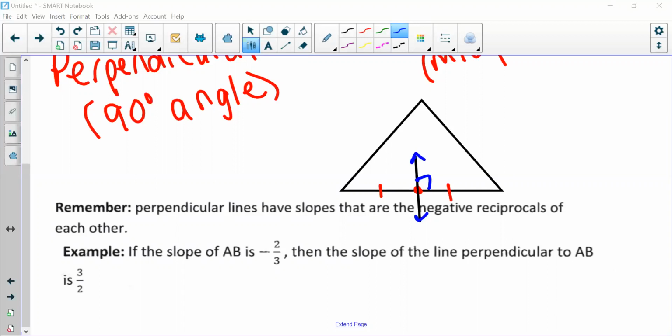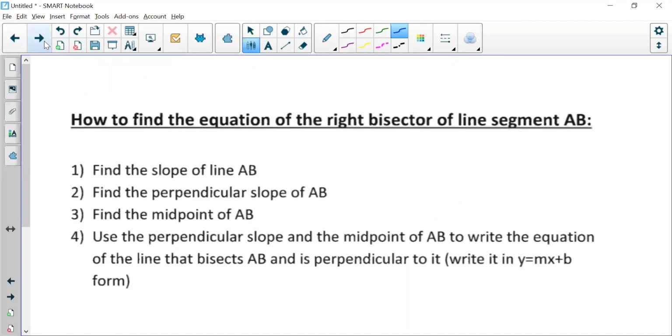Okay, so look at this first example here. Find the equation of the right bisector of line segment AB. Find the slope of line AB, but then turn it into the negative reciprocal slope, because we said that right bisectors have to be perpendicular.